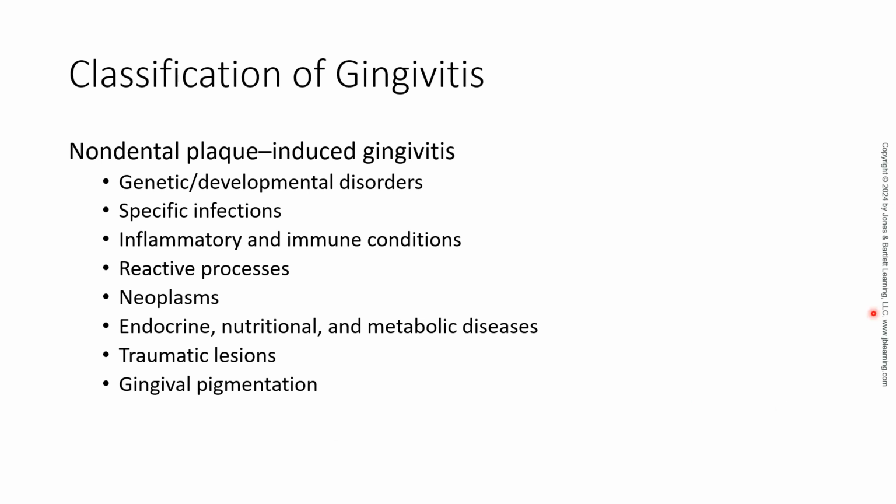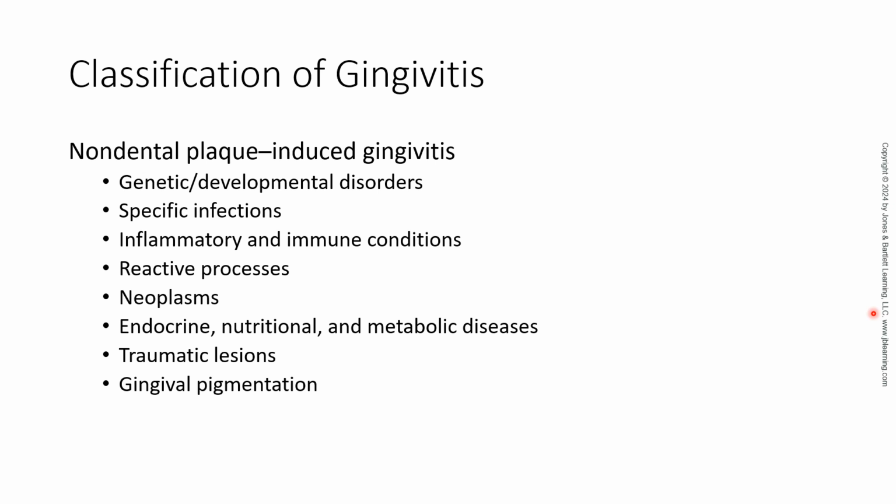Non-dental plaque-induced gingivitis can be due to several factors, including genetic causes, which are rare but are an example of hereditary gingival fibromatosis. Necrotizing gingivitis is due to poor oral hygiene and stress, as well as a compromised immune system.